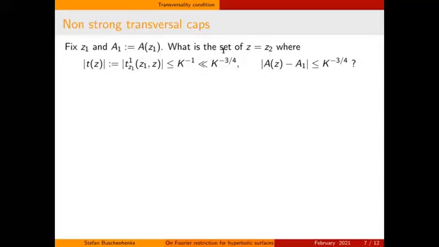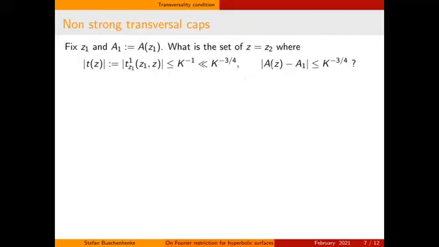Then we have to understand the set of all points Z, which I now denote, which was Z2 before. So the set of all points where the curve T of Z, which is T1 subscript Z1 evaluated at Z, is small, and we can be a bit generous here and look at the set where this is even less than k to the minus 3/4, since this is the bigger of the two quantities.